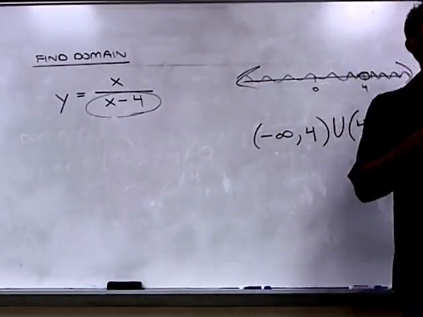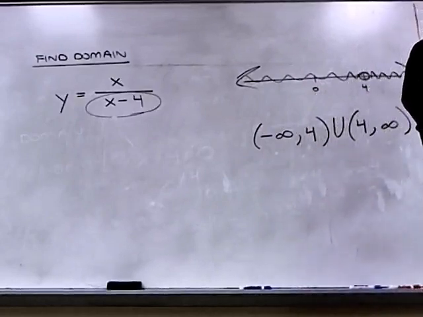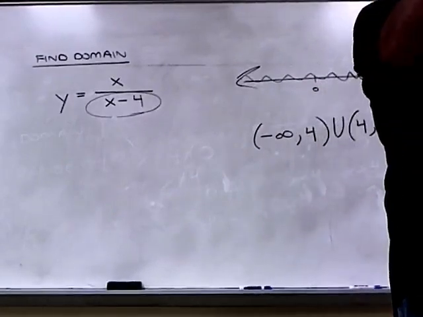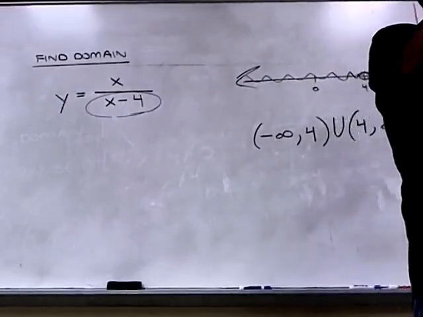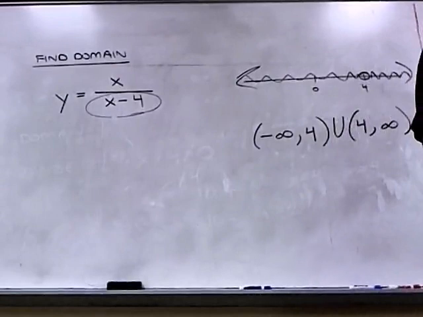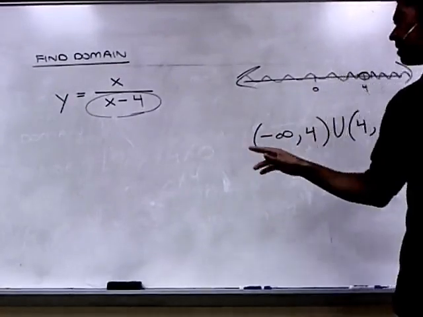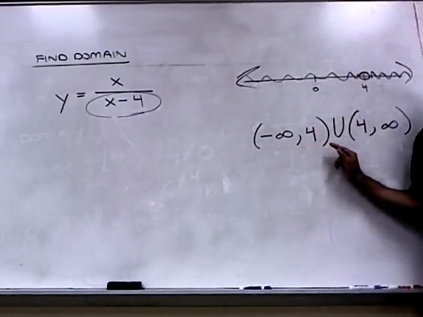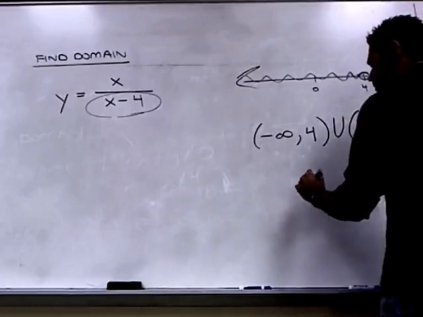No, because that's not telling me anything about what it can be. What that's saying is that 4 is between negative infinity and infinity. It's not telling me not to include 4. It's just saying that 4 is between those two things, which is true, but it doesn't tell me to exclude 4.